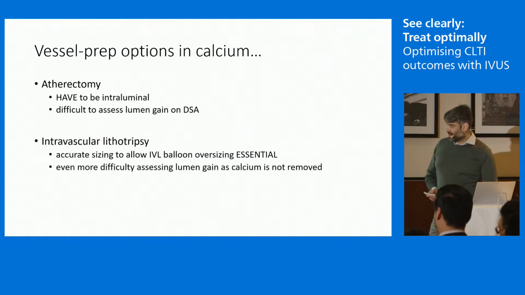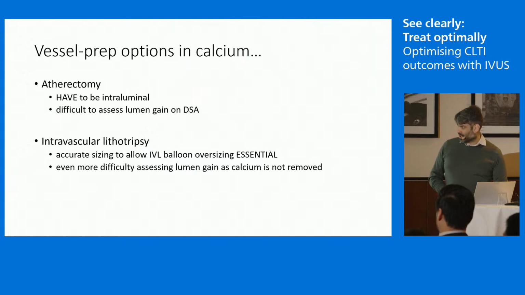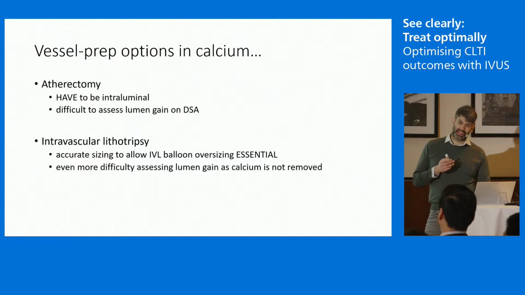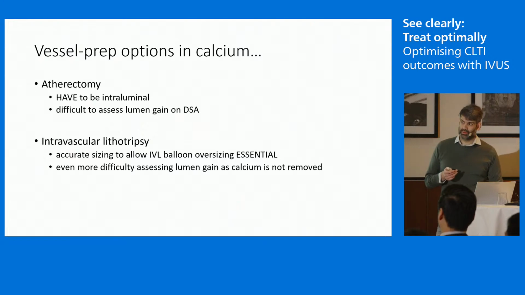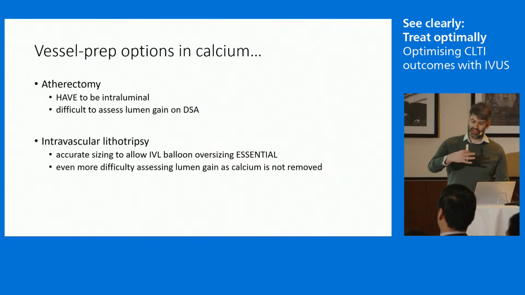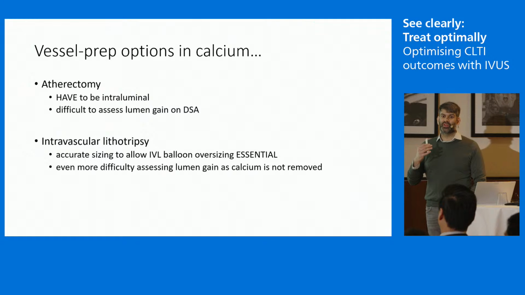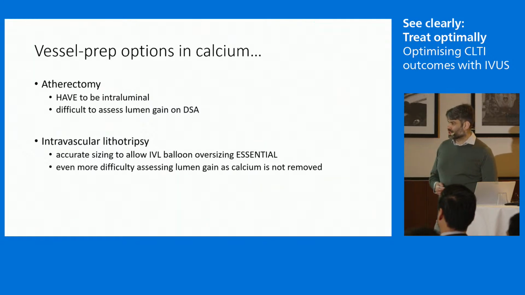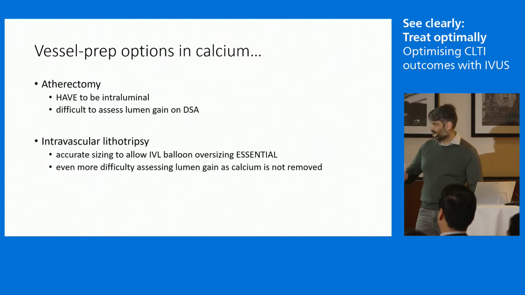With intravascular lithotripsy, the issue we have in calcium is you need to size really accurately, particularly in the setting of nodular calcium. The point of oversizing in intravascular lithotripsy is to get the IVL balloon to mold all the way around the calcium, to make sure that all surfaces of these calcified nodules are in full contact with the balloon, so that you get really good transmission of the energy from the emitters into the calcium.